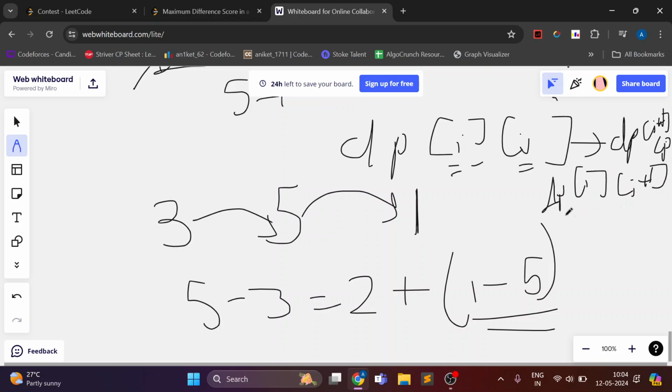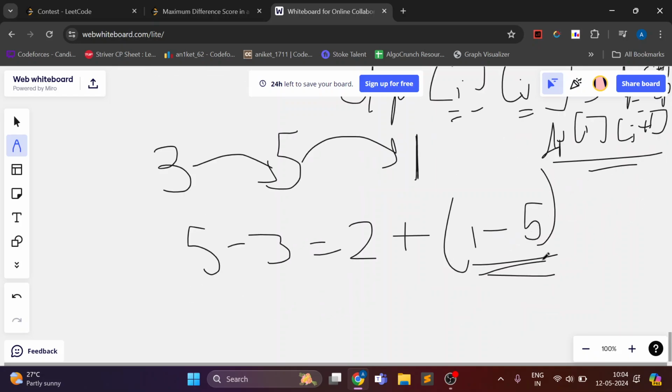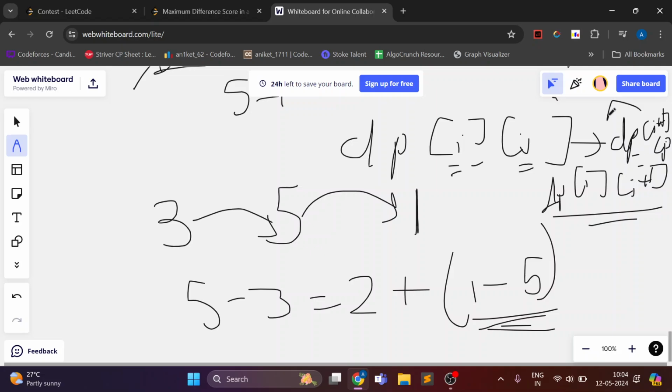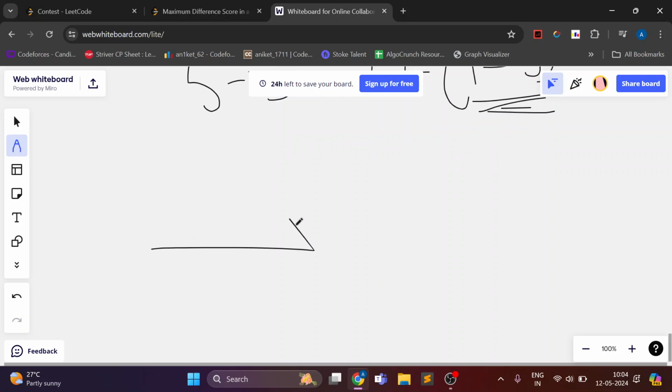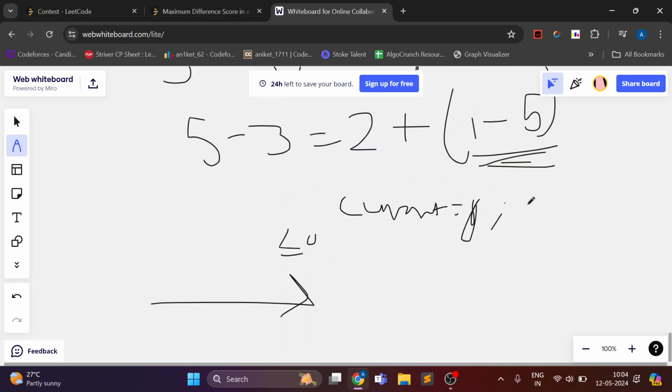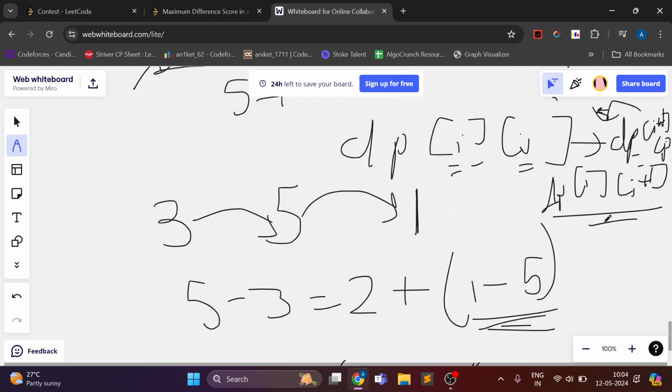Now if DP of i comma j plus 1 or i plus 1 comma j is itself negative, why should we add it? We shouldn't add it. That's what we do in Kadane's algorithm: if the current sum is less than or equal to 0, we just make the current sum equal to 0. So that was some variation in this question which I thought was useful, and via these two observations we can solve this question.